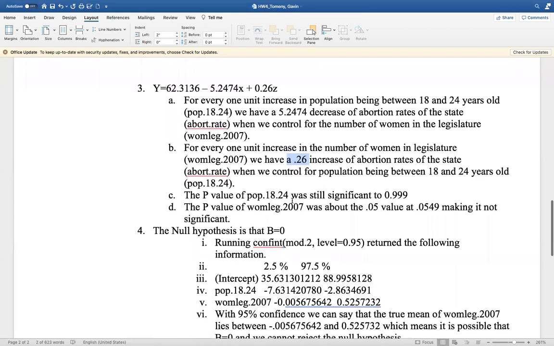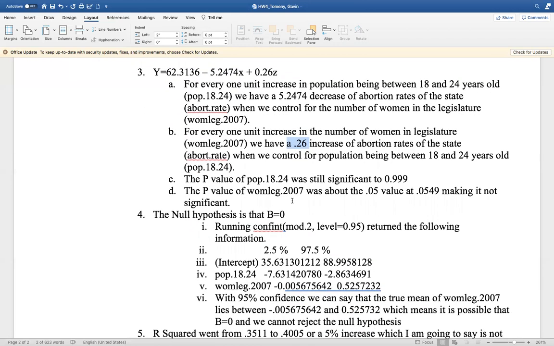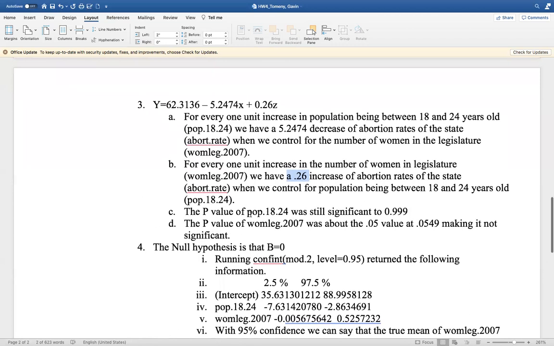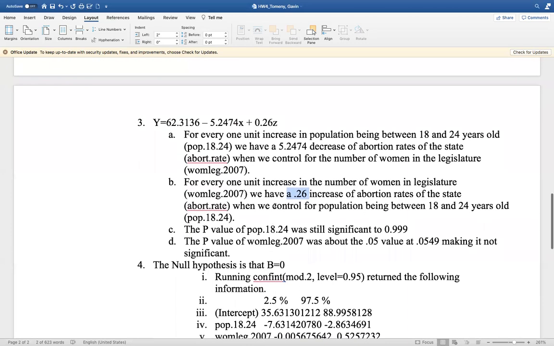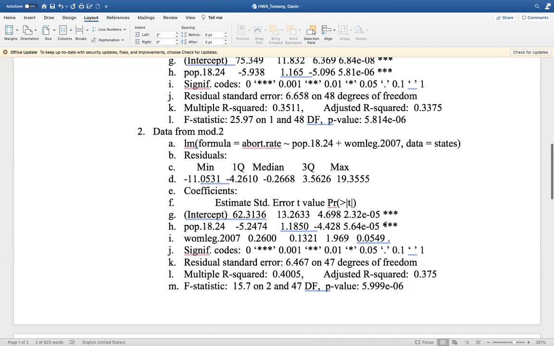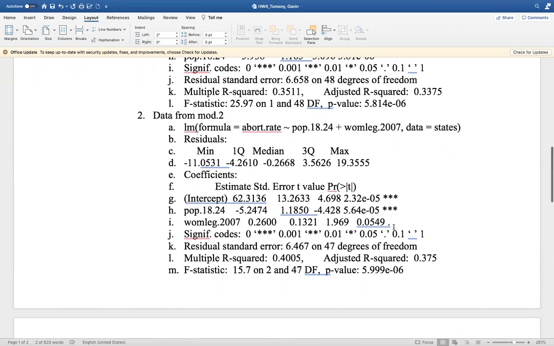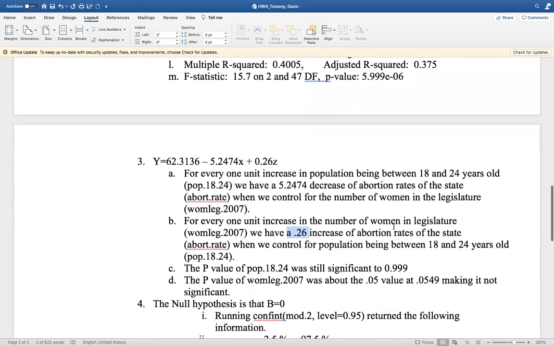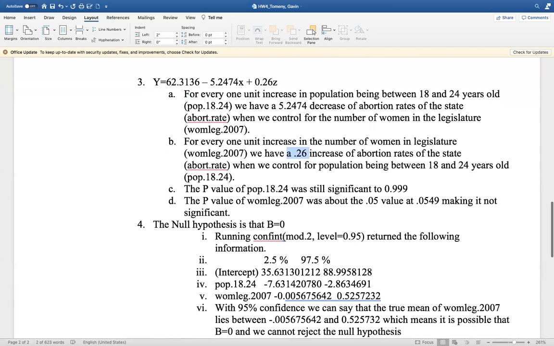All right, so then we're going to look at the p-value. The p-value of the population was still triple starred in the 0.999 confidence and everything. So it's still heavily significant.